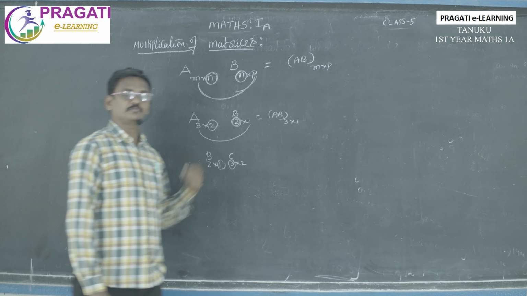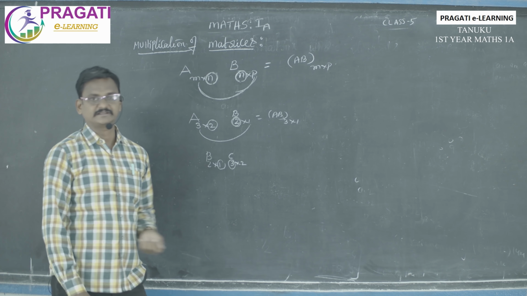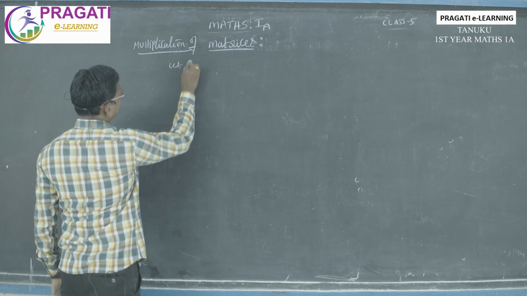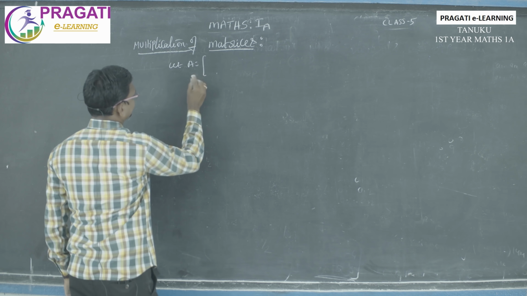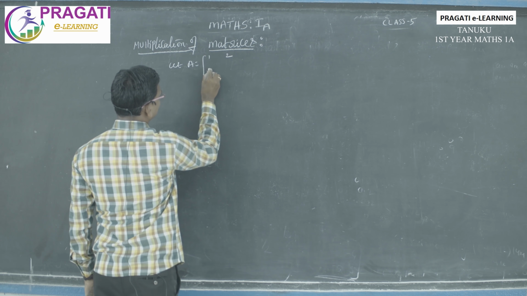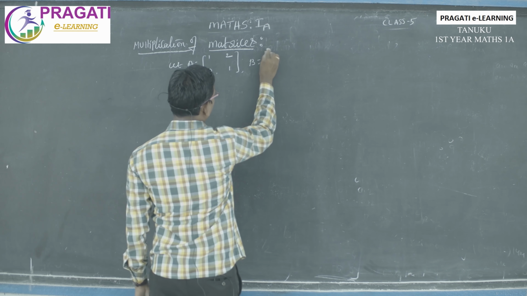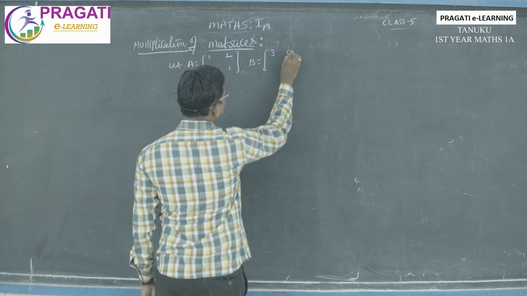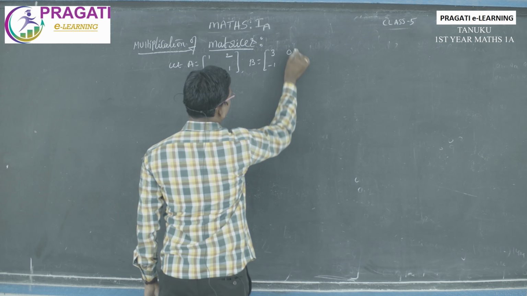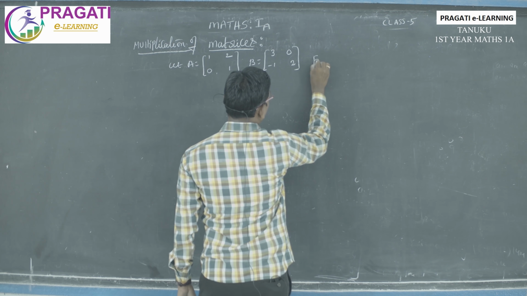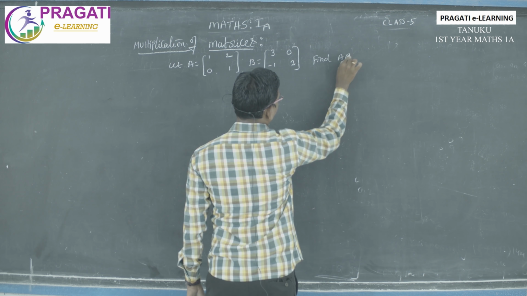Now we are going to process how to multiply two matrices. Let A be equal to, I am giving you one example, 1, 2, 0, 1, and B is equal to 3, 0, minus 1, 2. Just find AB.